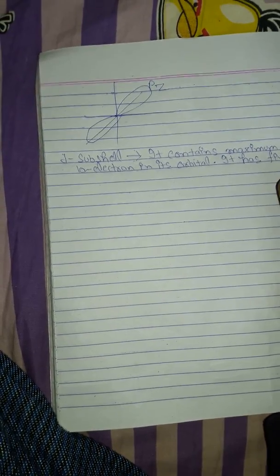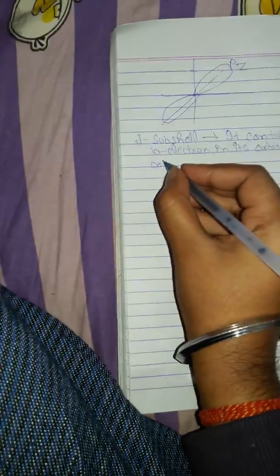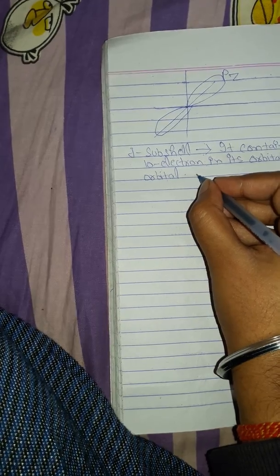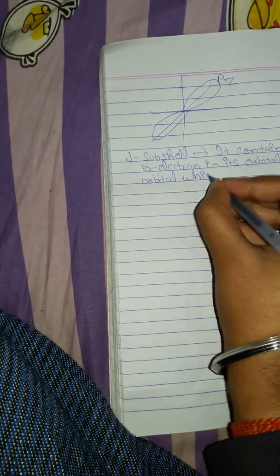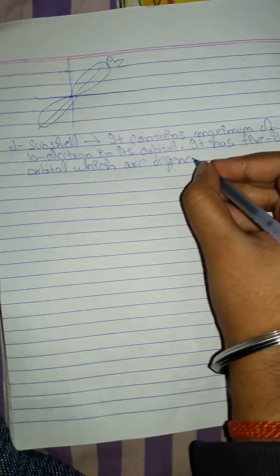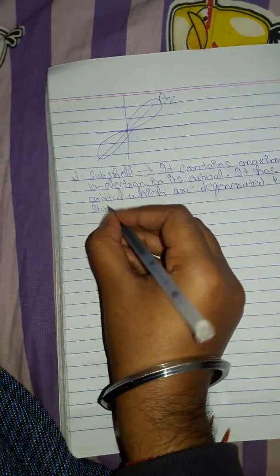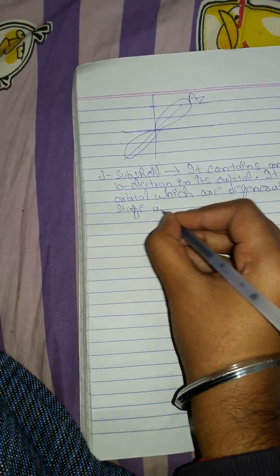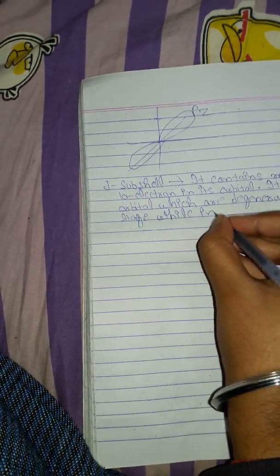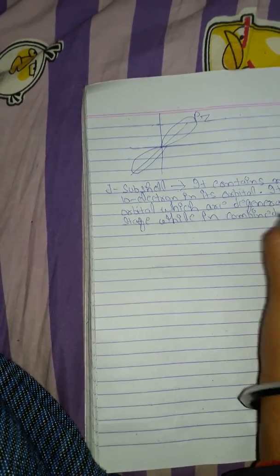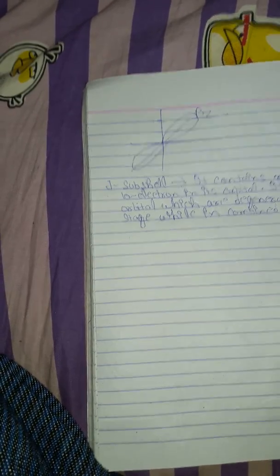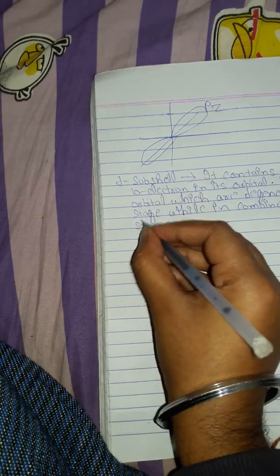It has 5 d orbitals, which are degenerate in the elemental state, while in the combined state they will split.